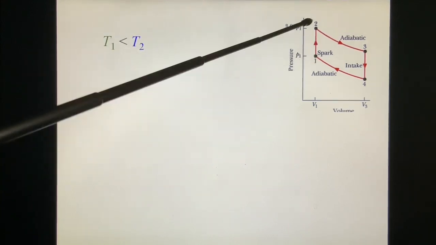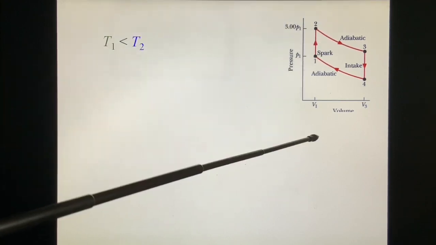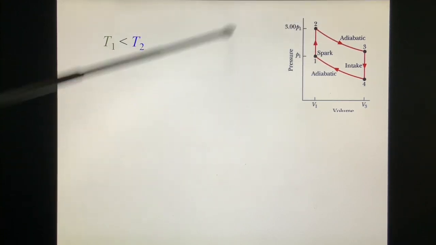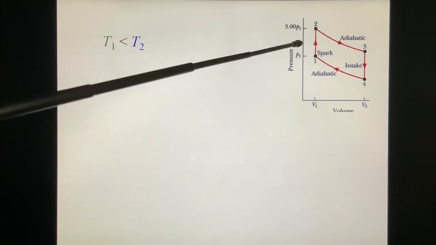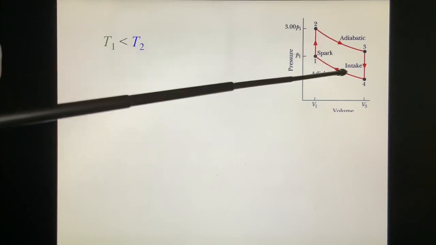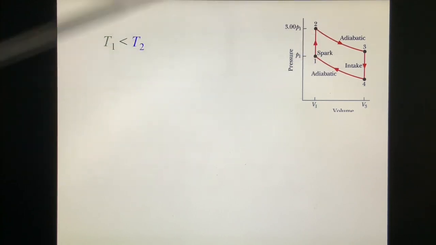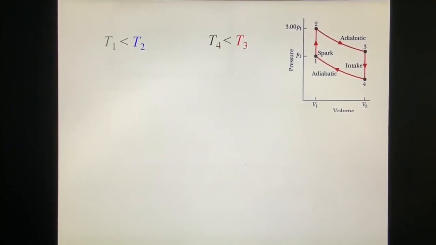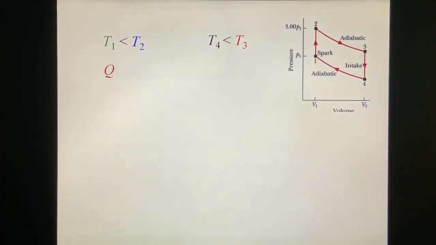Since T1 is smaller than T2, why? Because this is a constant volume, so P is proportional to T. Now, P2 is 3 P1, so T2 is 3 T1. And T4 is smaller than T3.